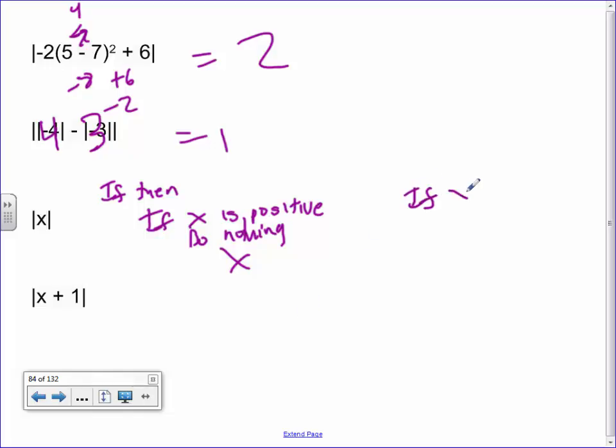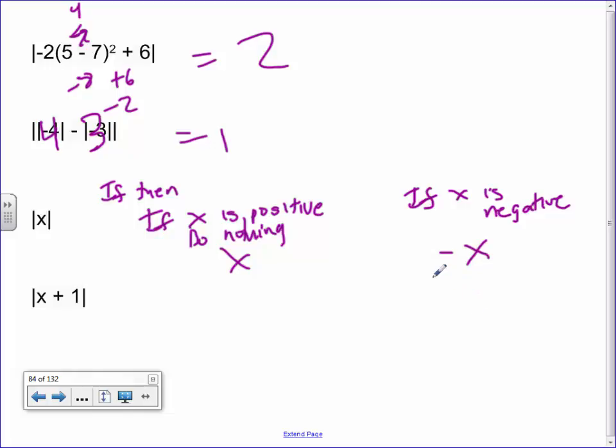But if x is negative, then what are you supposed to do? Throw an extra negative in front of it. Then it's going to be negative x. But keep in mind, x is negative, right? So it'll be negative something negative, which would then make it positive. You know what I'm saying?